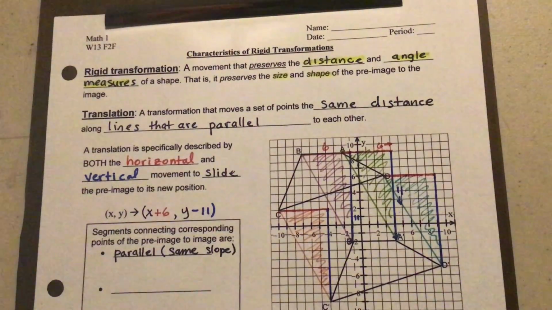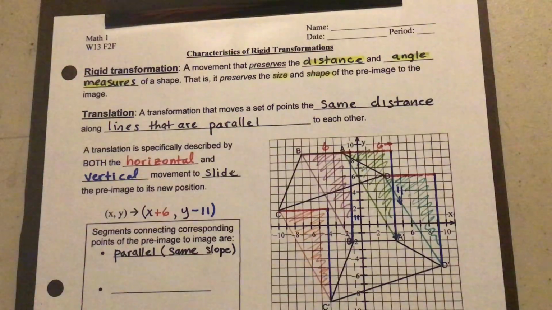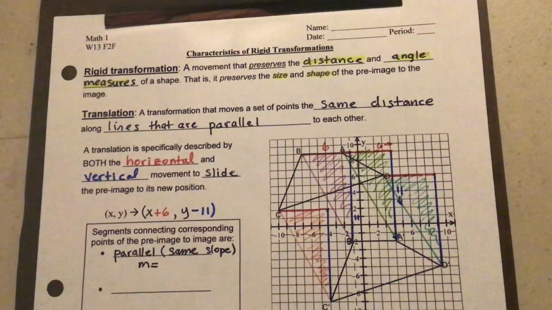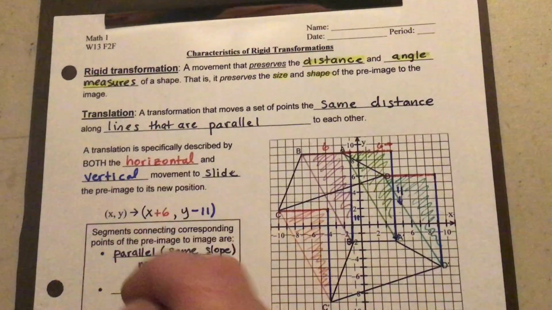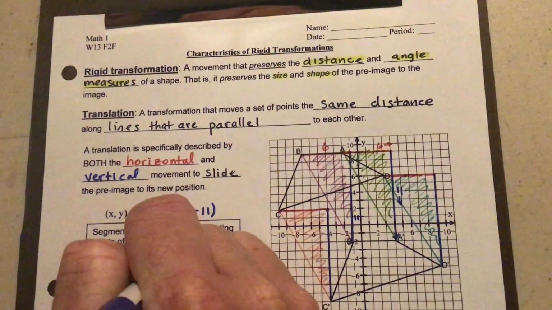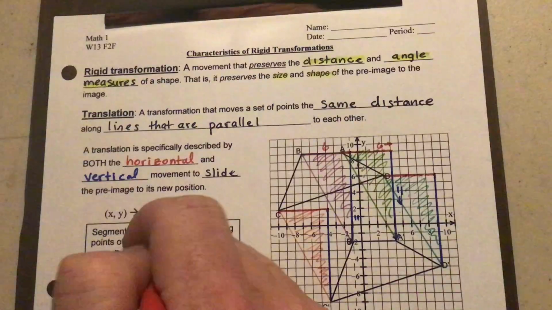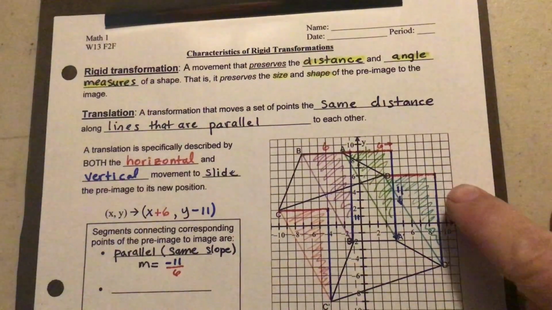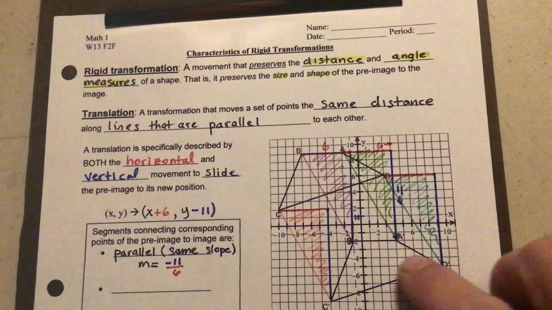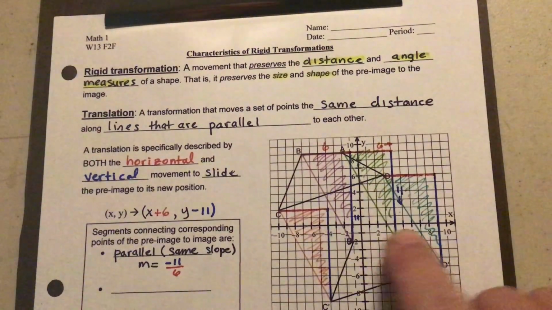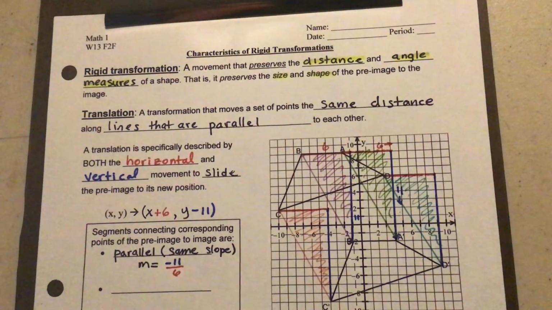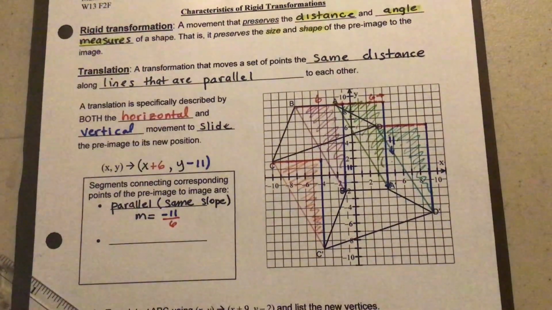And in this case, if we went right 6 down 11, that slope, rise over run, would tell me that we're going down 11 and 6 to the right. So that slope is going to be negative 11, 6 for all four of those. Down 11, right 6, and so on for each. All of those segments have that same slope.